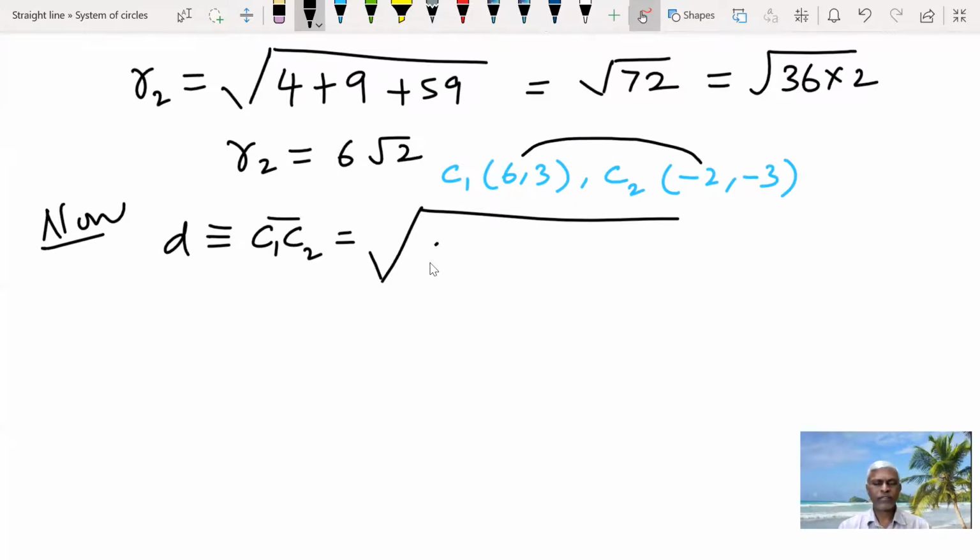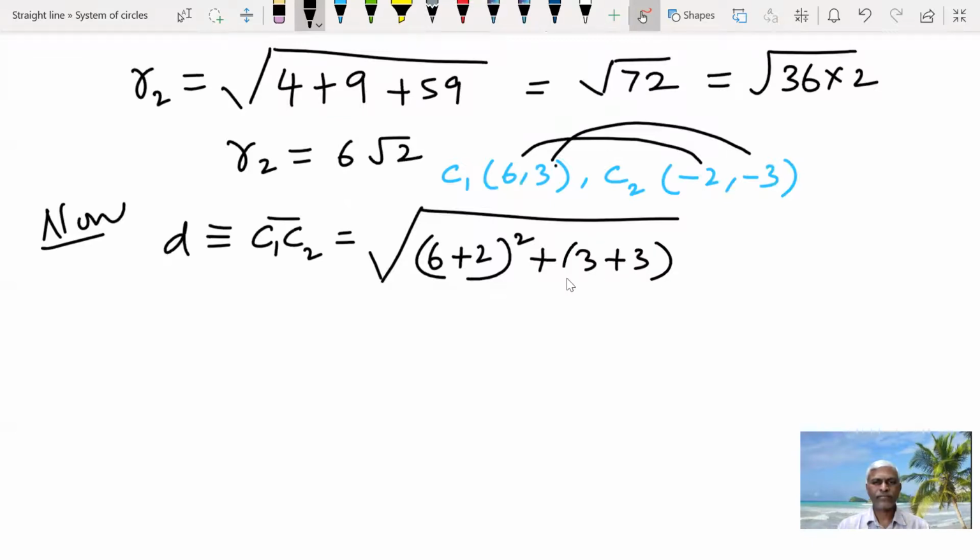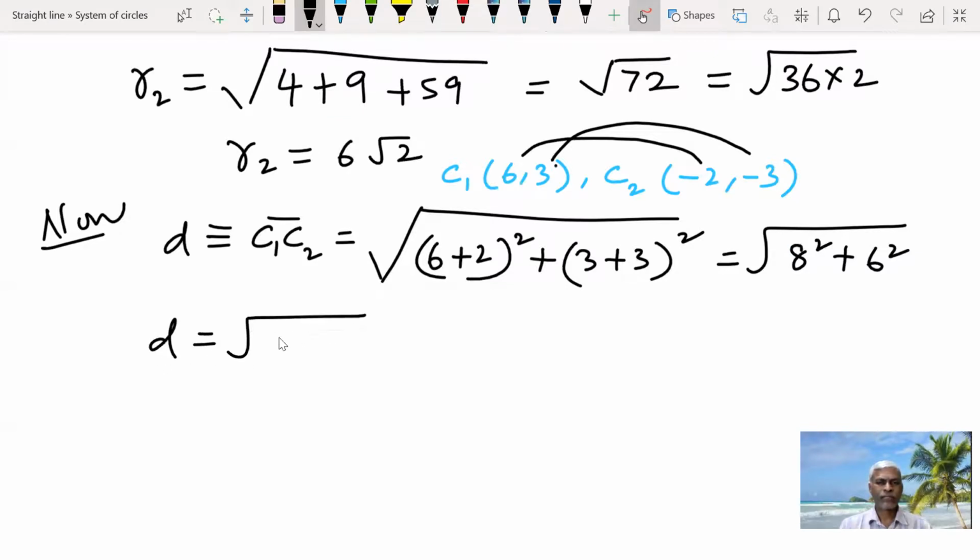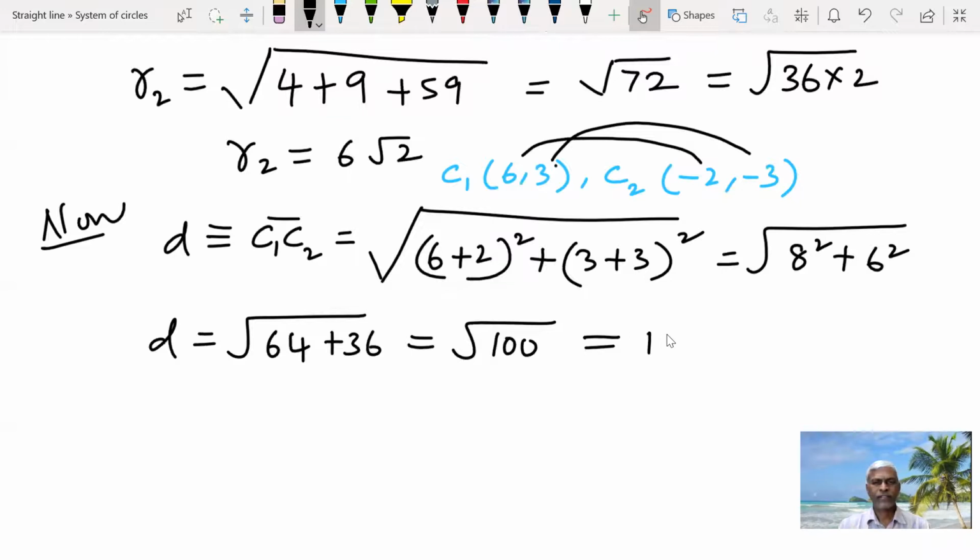Six minus minus 2, that is 6 plus 2, x2 minus x1 or x1 minus x2, either way you can write. 3 minus minus 3 is 3 plus 3. 8 square plus 6 square, 64 plus 36 that is 100. So D value is 10. Distance between the two centers is 10.